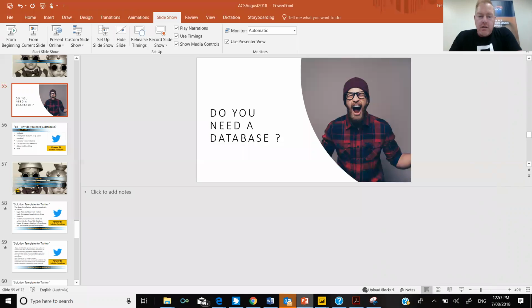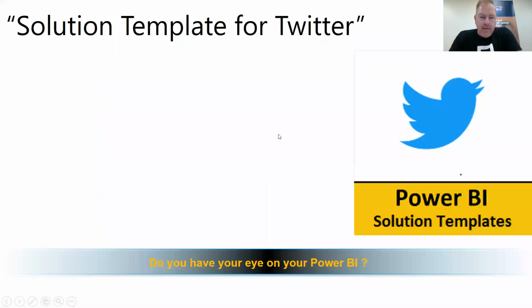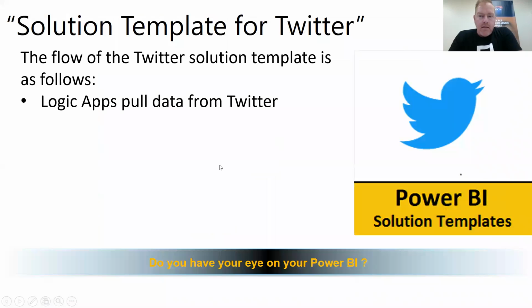You use Logic Apps. What this solution template is building is a database, but it's also building you some code modules. It's building a logic app that pulls the data from Twitter.